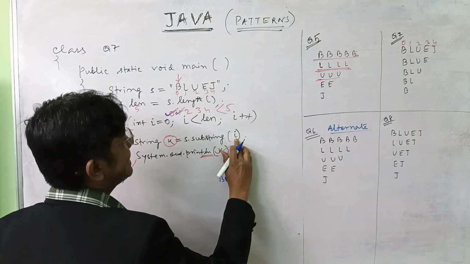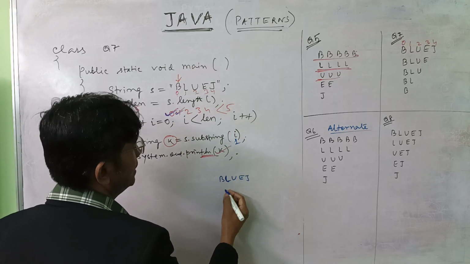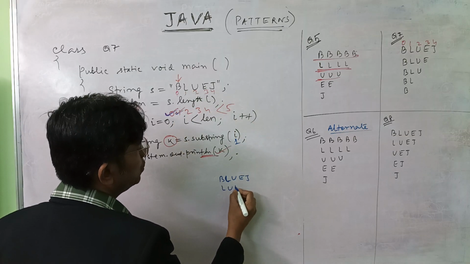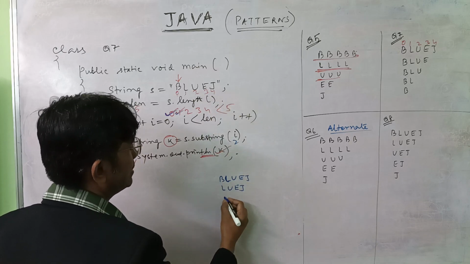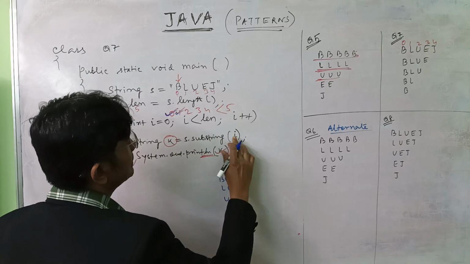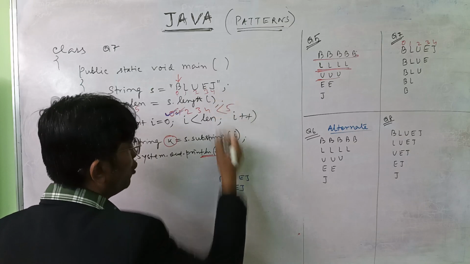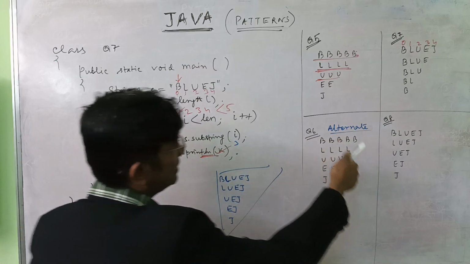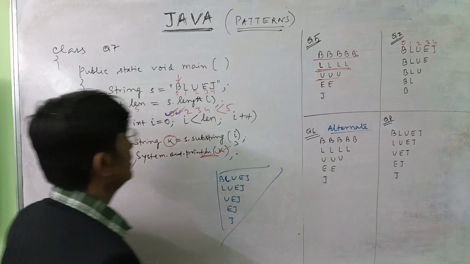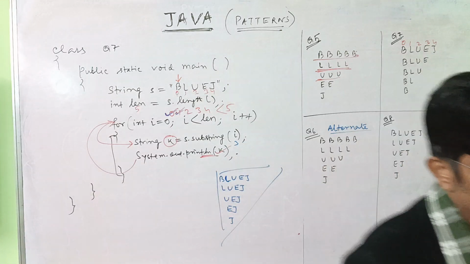So from 1, that means from L to the remaining part: L, U, E, J. Then 2: U, E, J. Then 3: E, J. Then 4 means only J. So this pattern is the same as question number 8. I will show you this one, you will understand it clearly.